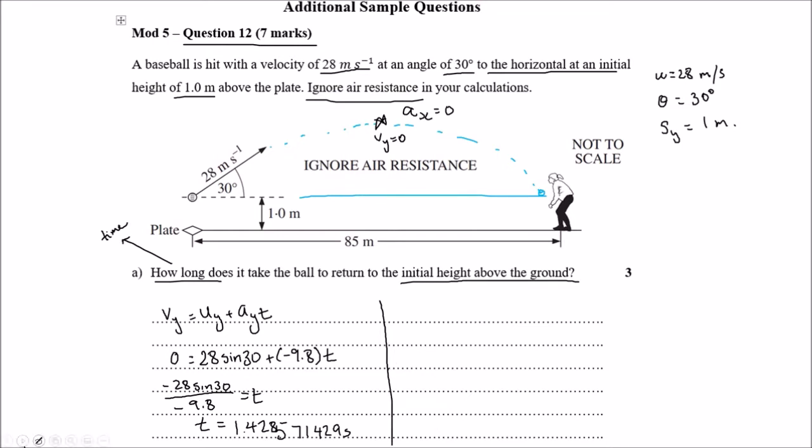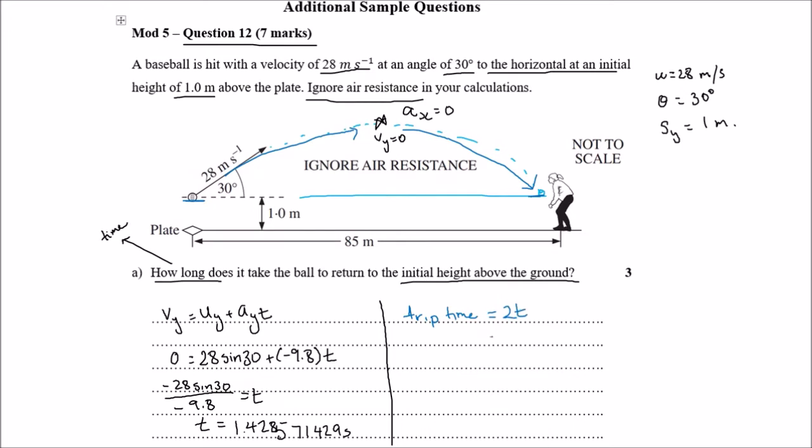Now this question isn't completed yet, because we're just looking at the time it took to get up to here. We still haven't worked out the total time to get there. Lucky for us, the assumption is if it's launched from the same height and it lands at the same height, then the total trip time is just twice the time it takes to get to the very top.